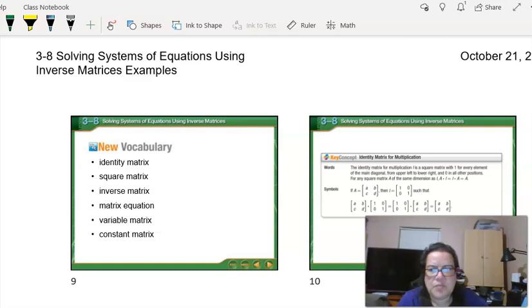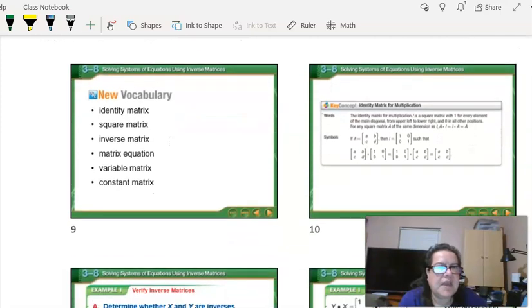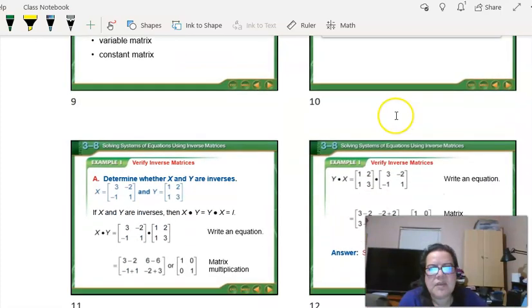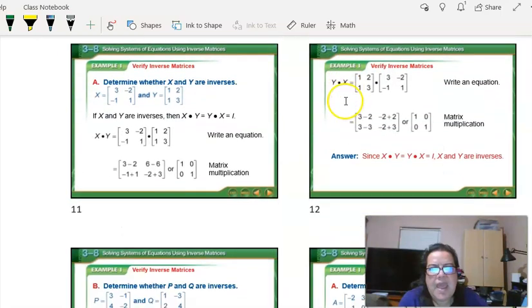So now we can look at your packet, and in your packet you've got, again, the vocabulary that is going to be necessary for this section, and it's in your notes, so you can look at that as well for additional resources. You also have the idea of what the identity matrix is, and we discussed that with the diagonal having the ones there. So how can you find out if these two are inverses of each other?